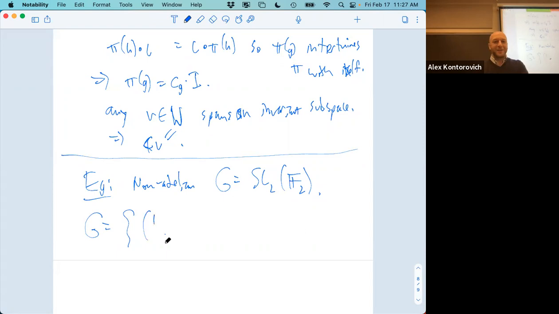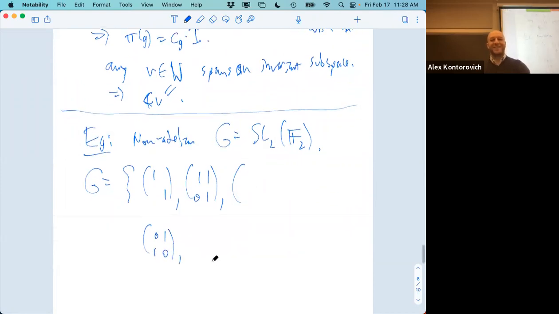Well, I have the identity matrix. What else? 1, 1, 0, 1 is a perfect determinant 1 matrix. We got another one. 0, 1, 1, 0. That's a good one. Hang on, no, -1 is the same as 1.